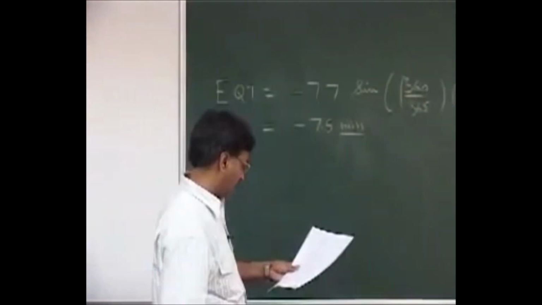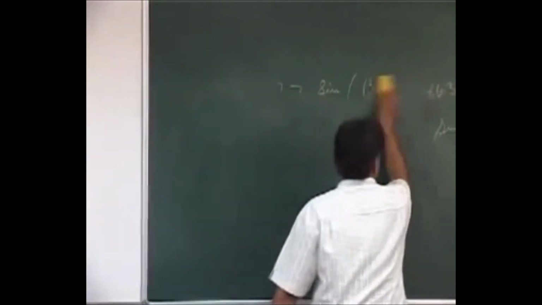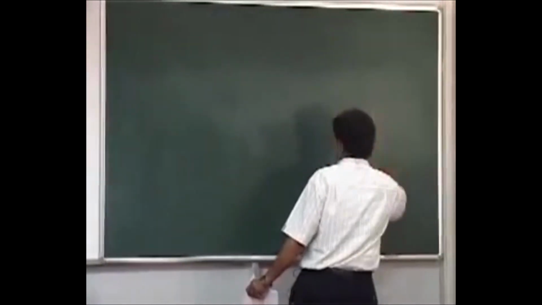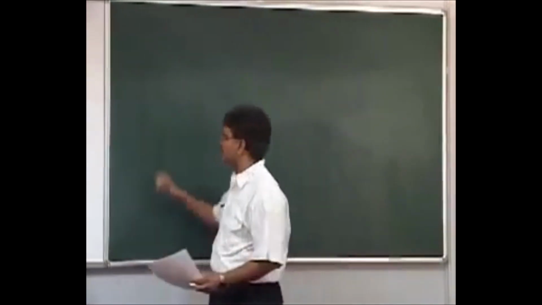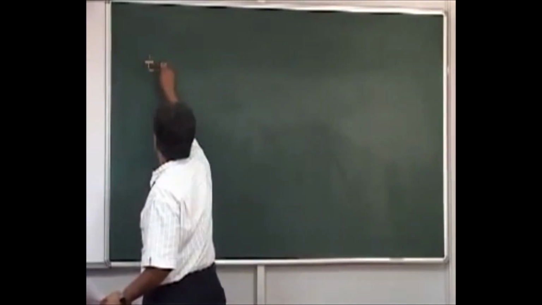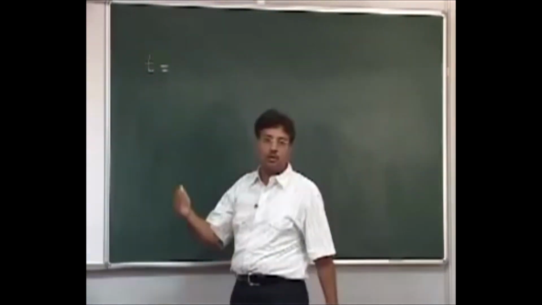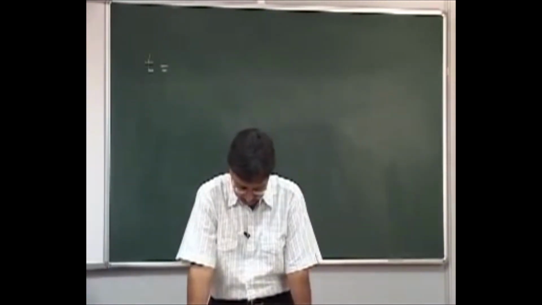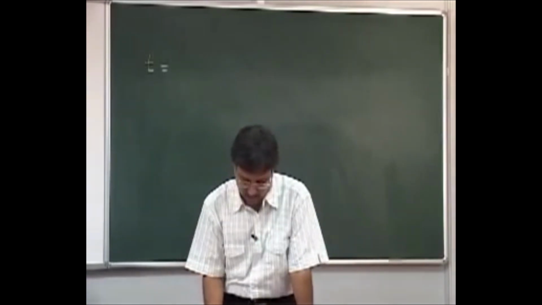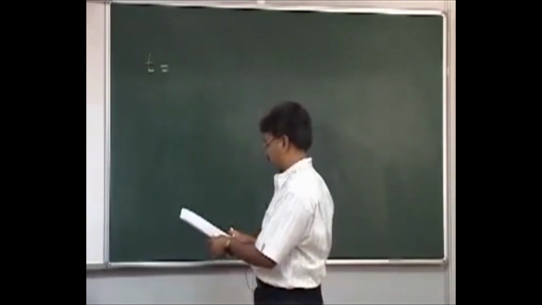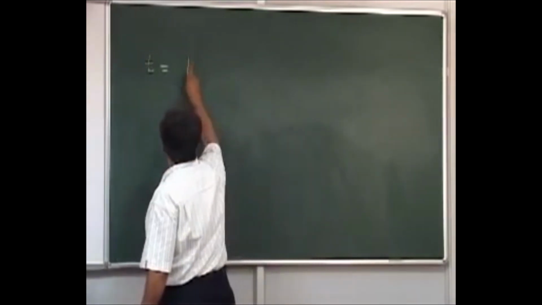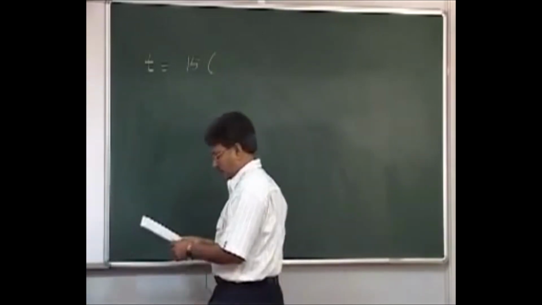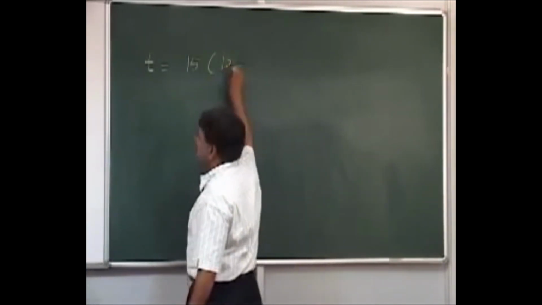Then I calculated the solar hour angle, that was T. I am very close to 12 o'clock, so what do you expect the value of T to be? It was 15 times 12 minus TA.